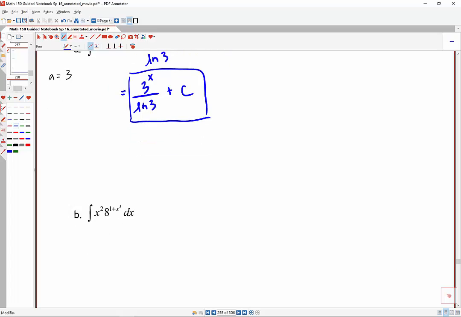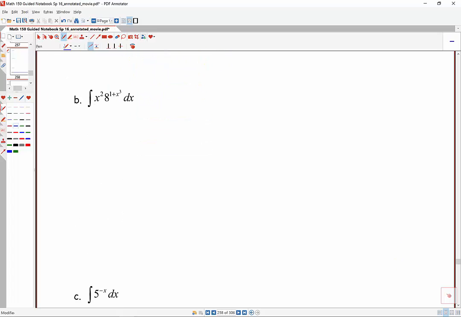Okay, what do we have going on this next one? Right, we've got to do a little work here, don't we? So here, if we were to let u equal what's in that power, du dx would be what? Good, 3x squared. And then if you isolate dx, you're going to get du divided by 3x squared.